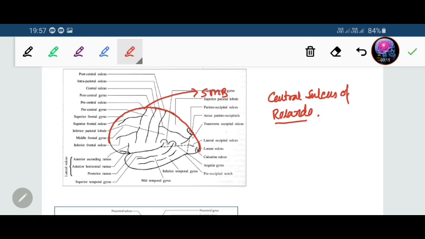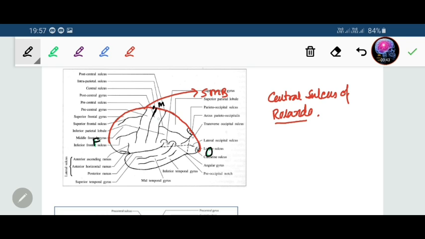Central sulcus begins by cutting the superomedial border, one centimeter behind the midpoint between the frontal and occipital pole. This is the midpoint between the frontal pole in front and occipital pole behind. One centimeter behind the midpoint, the central sulcus begins its journey.